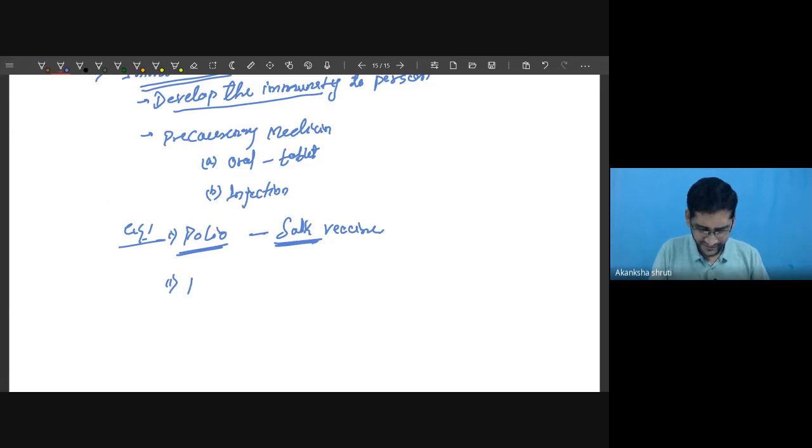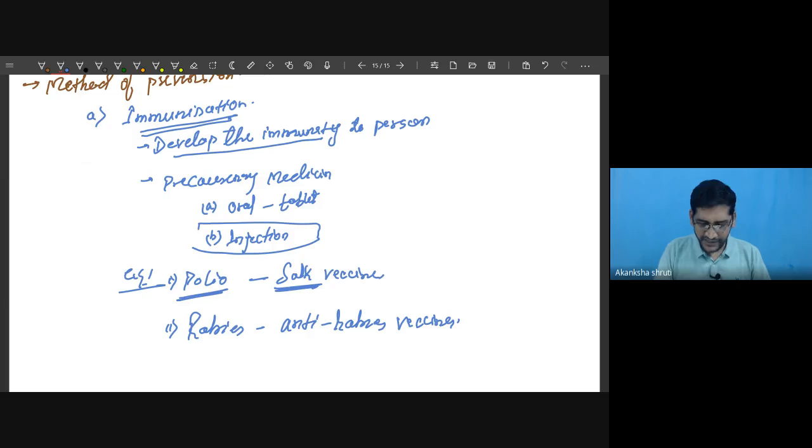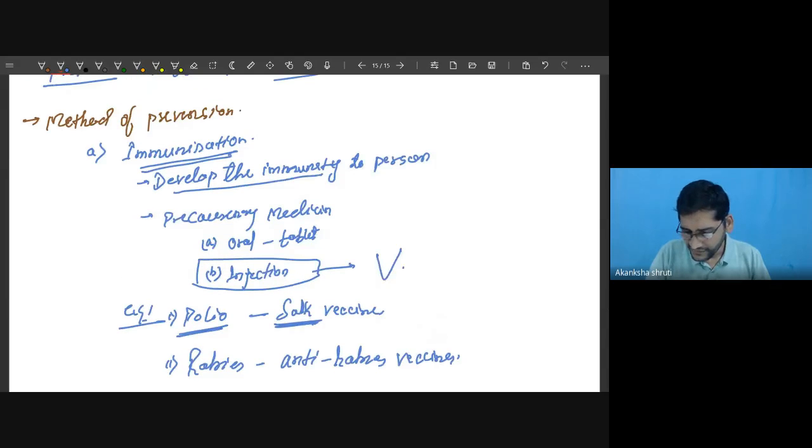Second one is rabies, for which there are anti-rabies vaccines. Whatever is given by this injection method is called vaccination. So vaccination is nothing but the method of injecting to improve the immune system.